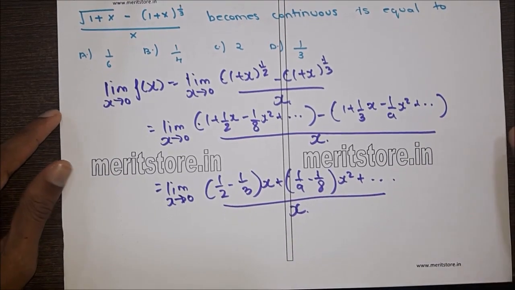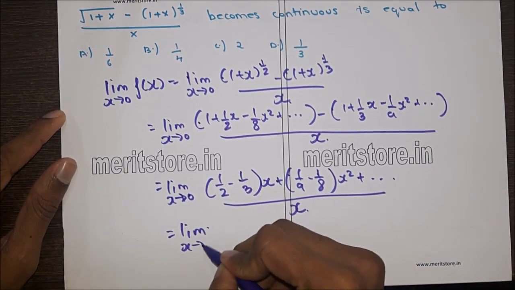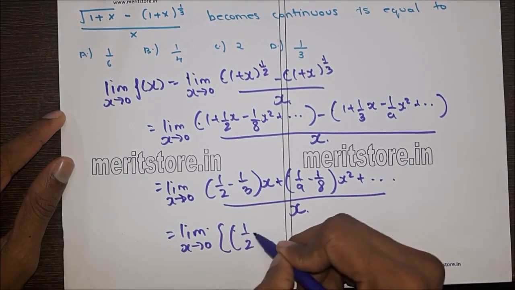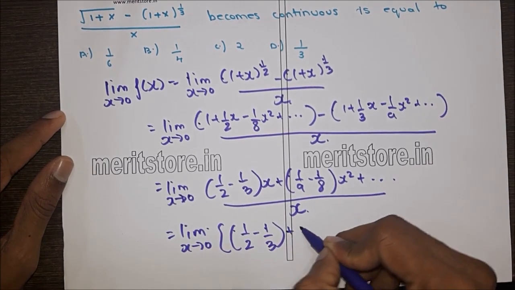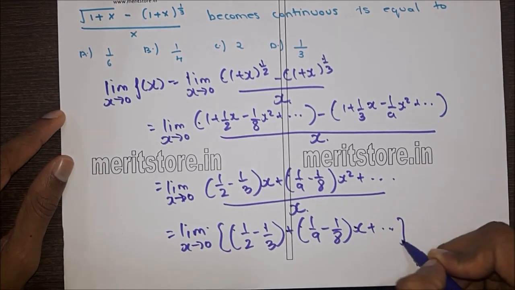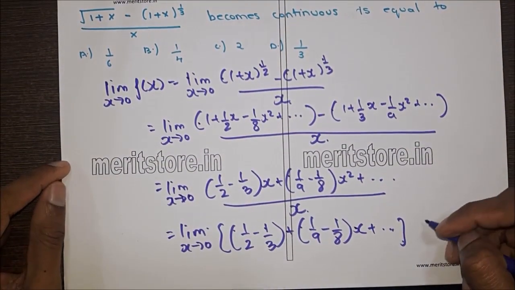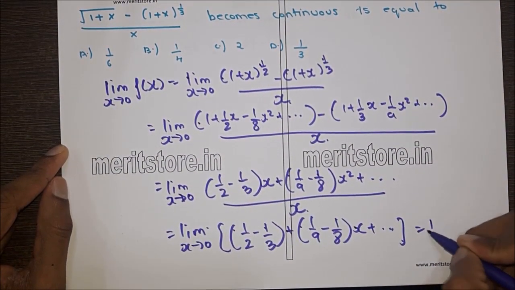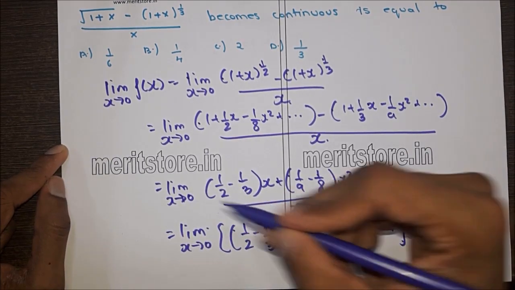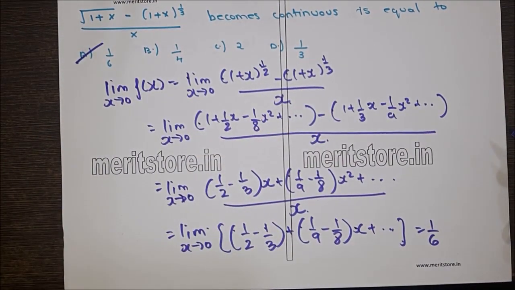For the solving we can write this as limit x approaches 0 of (1/2 - 1/3 + (1/9 - 1/8)x + ...), therefore further we get f of 0 is equal to 1 by 6. If f of x is continuous at x equal to 0, therefore f of 0 we get as 1 by 6, which is our option A. Therefore option A is the correct answer.